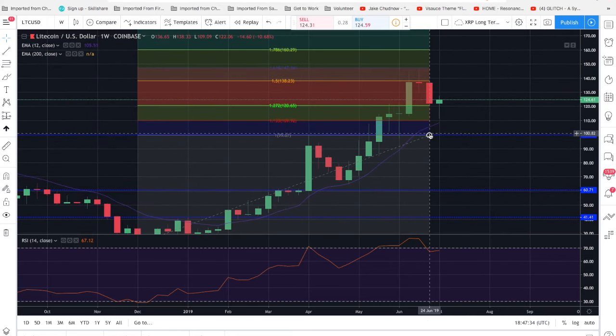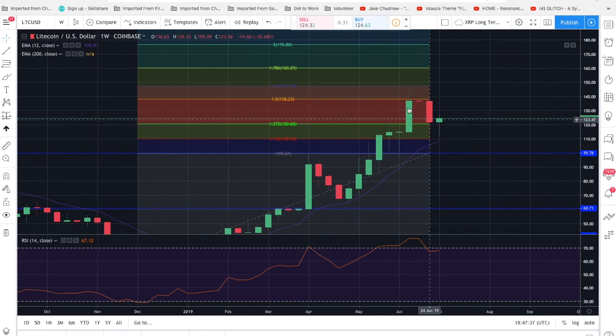Now, this respected that 0.168 line, the bar is on the 1.5. So really, it's up to the chartist, or charter, whatever you want to call it.